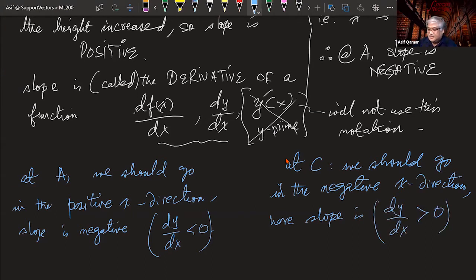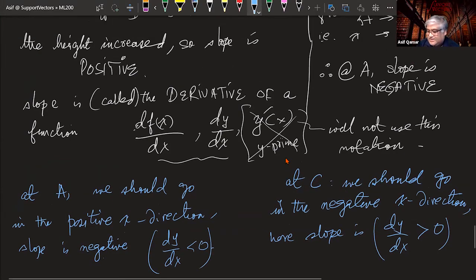Do you notice something very interesting? If the slope is positive, we want to go in the negative direction. If the slope is negative, we want to go in the positive direction. And if the slope is 0, we want to just stay put.